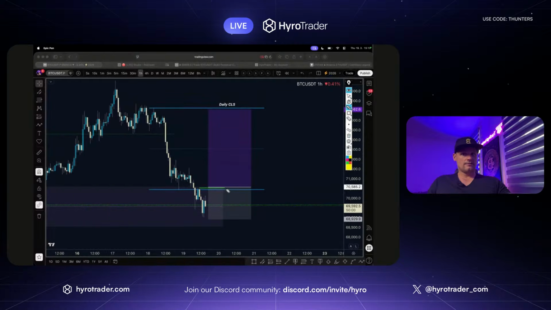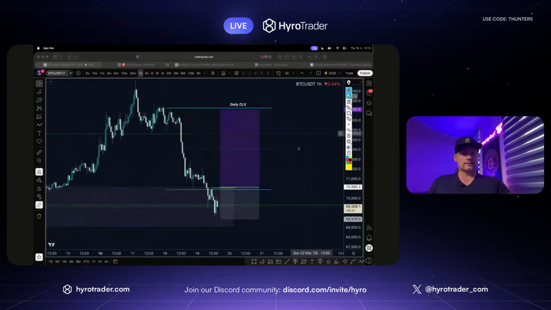Or you have a level, and then you're waiting for a specific thing on the lower time frame happening, right? So basically, we have a higher time frame expectation, and we want to do a lower time frame reversal on a pullback, right?